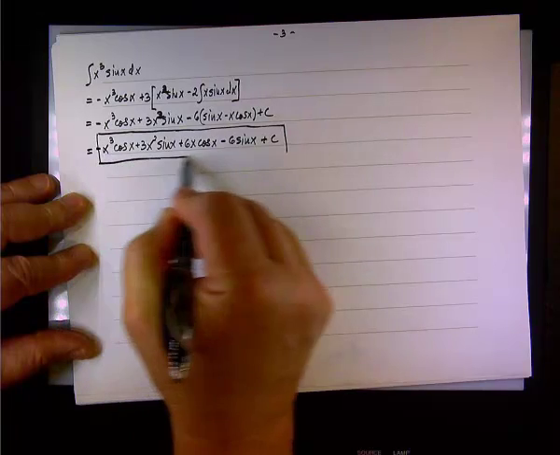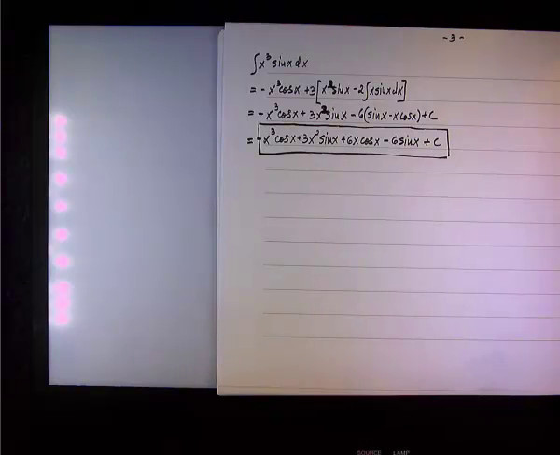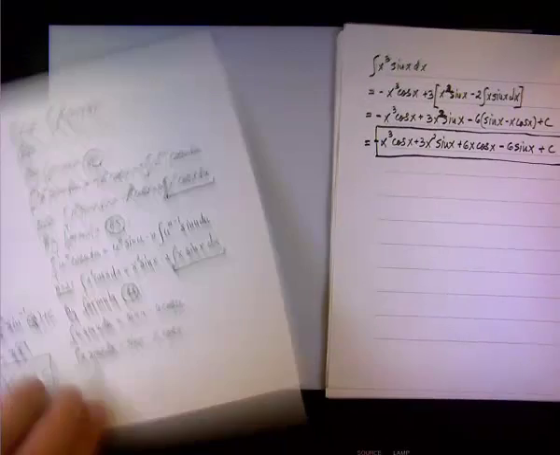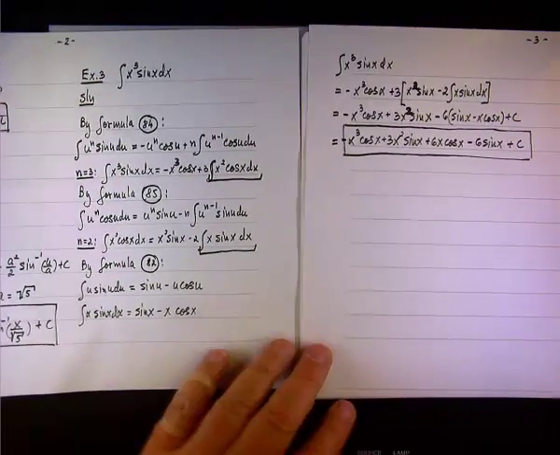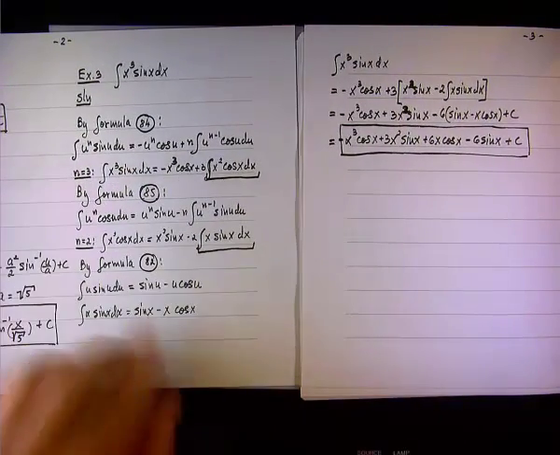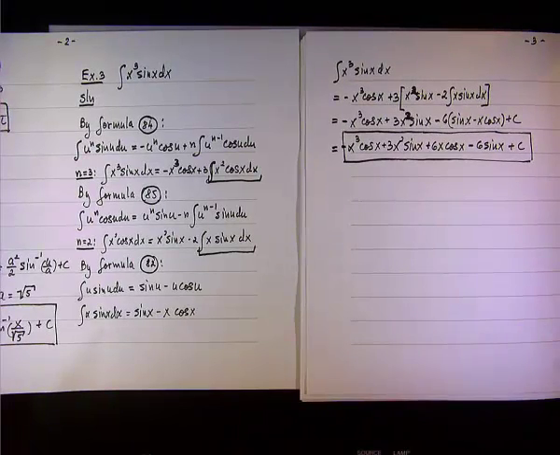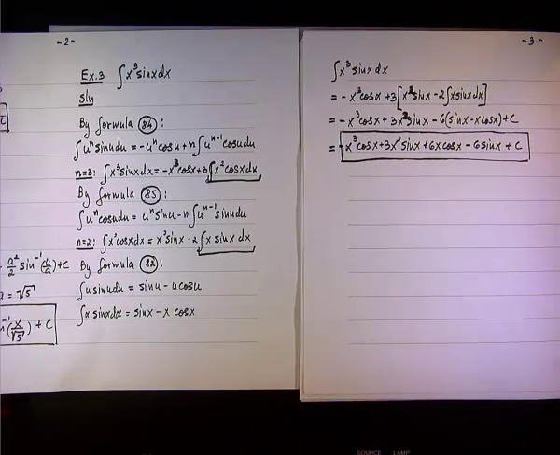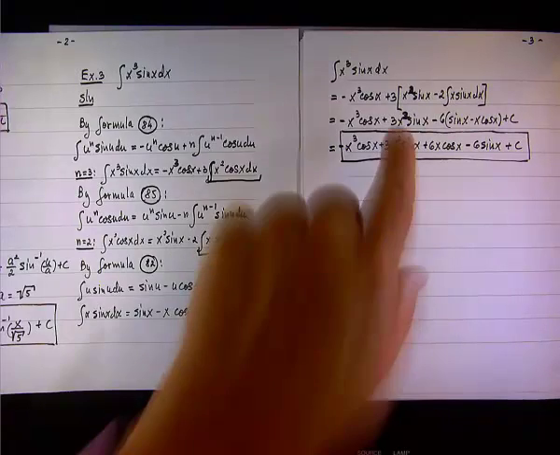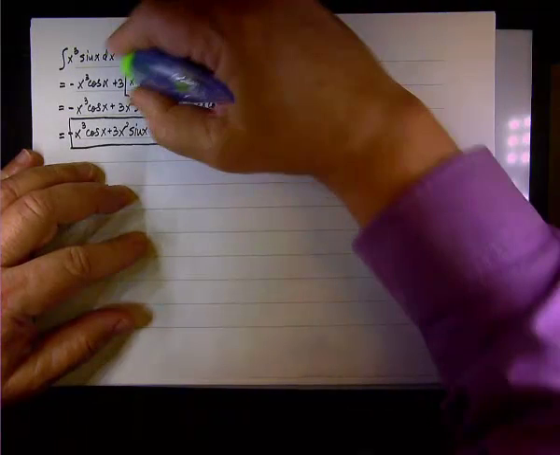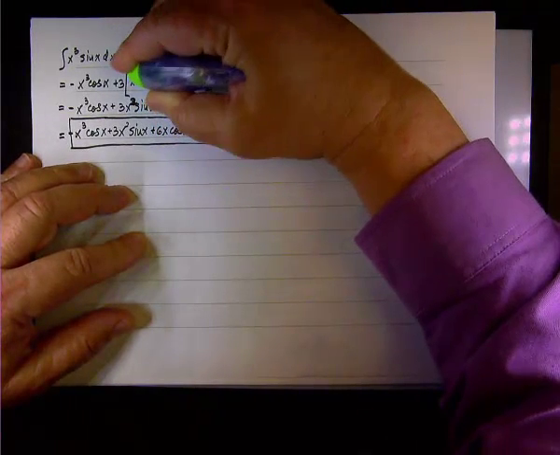Okay. So I organized it a little bit, as I said, just for cosmetic reasons. If you look at this particular exercise, we used 3 different formulas, although the last one was really not necessary. Okay? 3x squared, right.